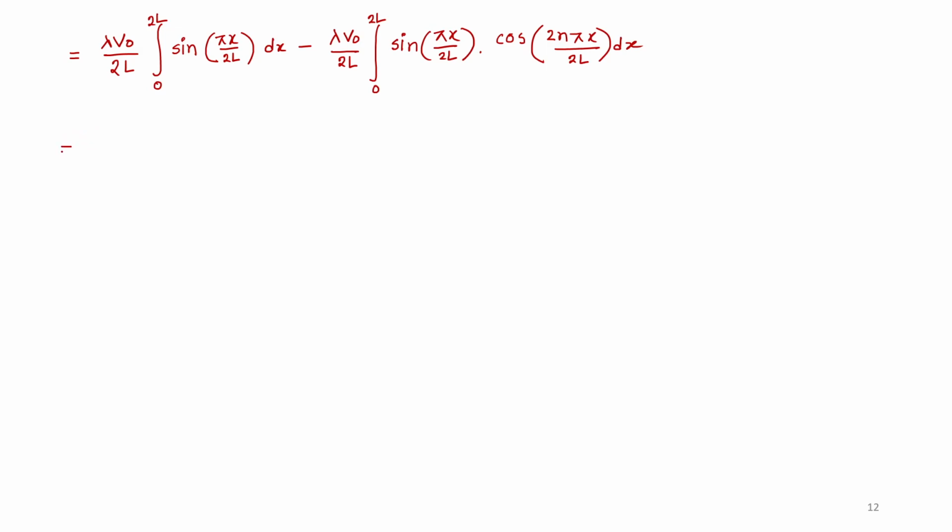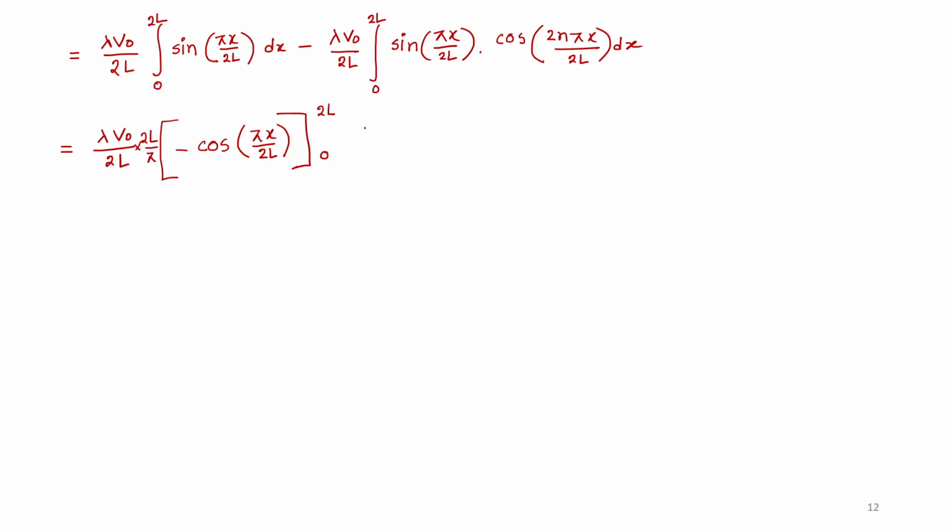Like so, for the first integral, you can see lambda V0 by 2L, it will give me some cos, right? And integral of sine is actually minus cos pi x by 2L from 0 to 2L, and some constant will come out, which is 2L by pi.